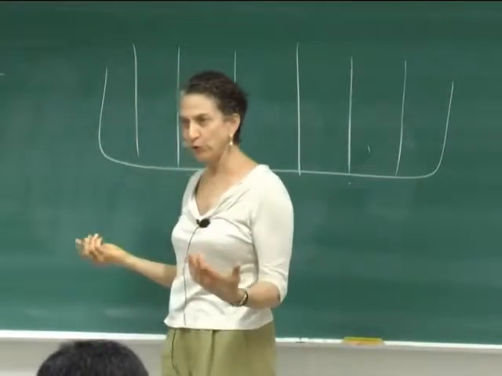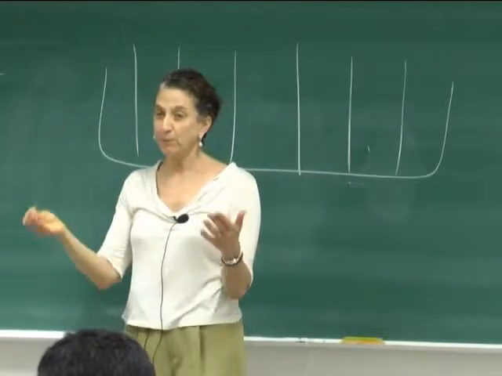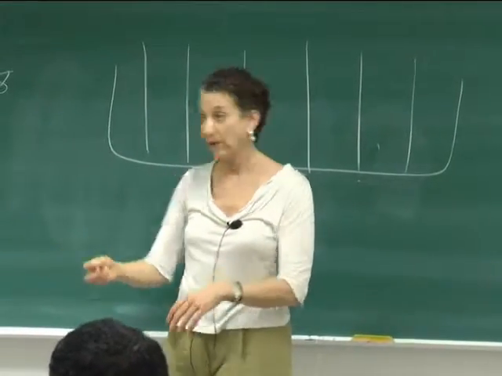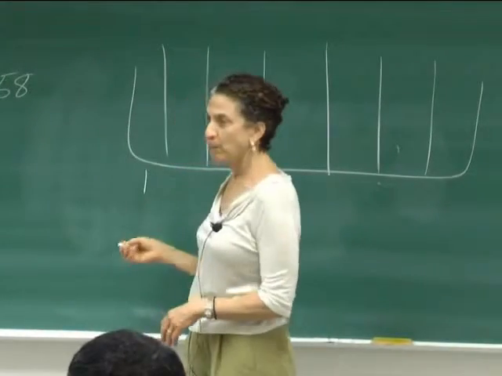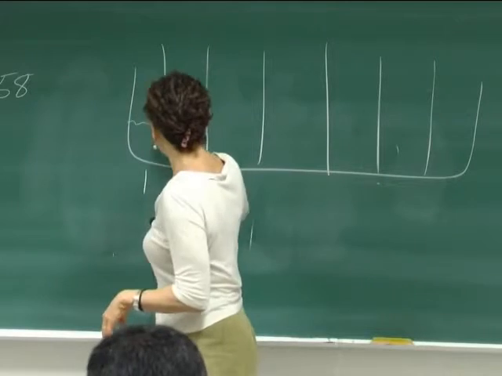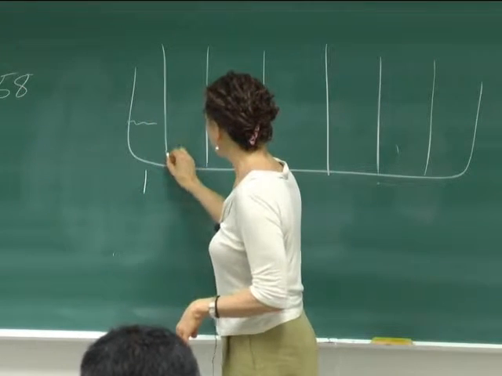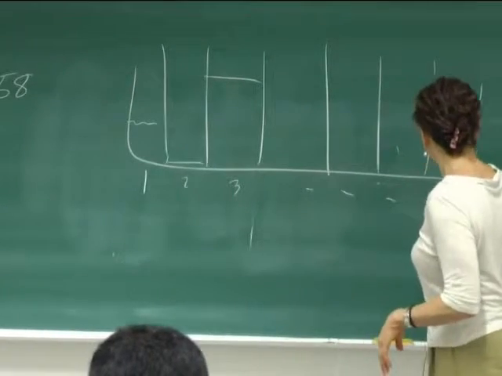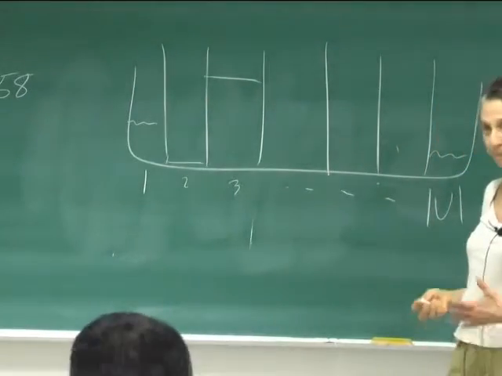We have a universe of possible people. Let's say if people are represented by k attributes, this universe has size 2 to the k. And we have some number of people of type 1. All their attributes are 0, let's say. We have some number of people of type 2, some number of type 3, and so on, up to some number of type u. Okay?